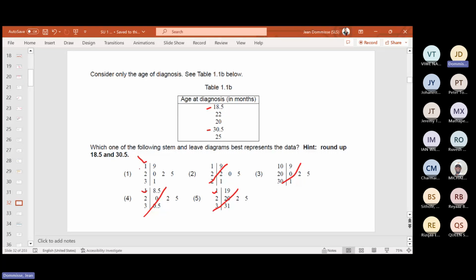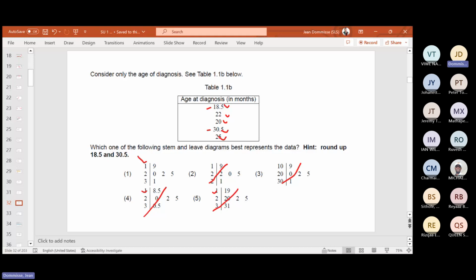So let's look at if it is in any case correct. So 19, yes, that is 19, 20, 22, 25, and then 31 because 30.5 was rounded up. Okay, so a bit of a different question that they've given here.